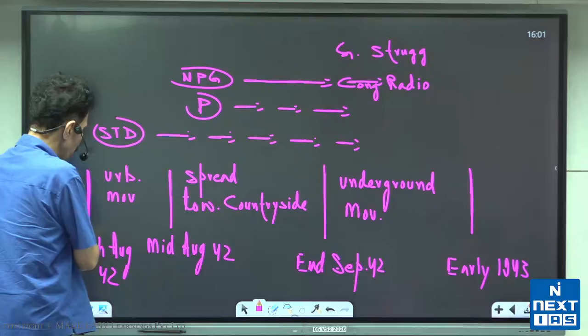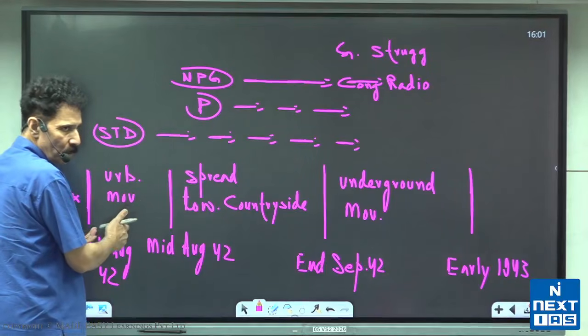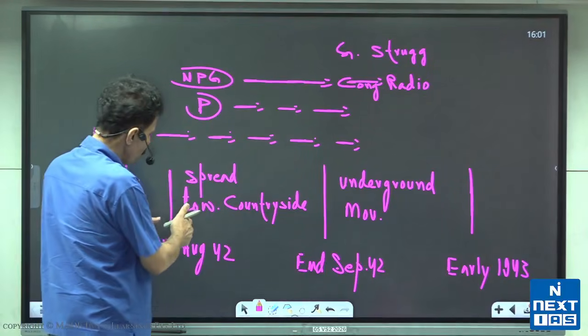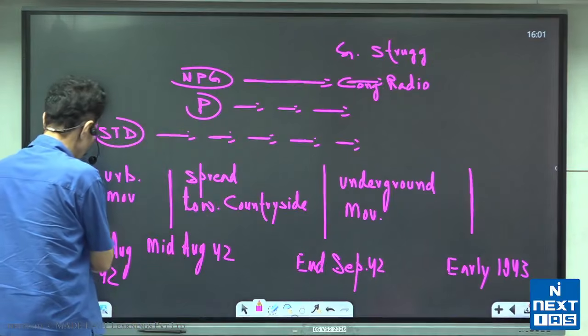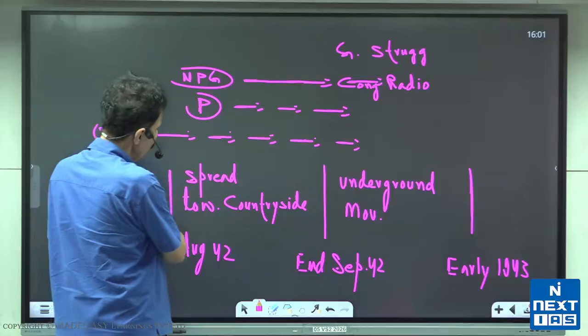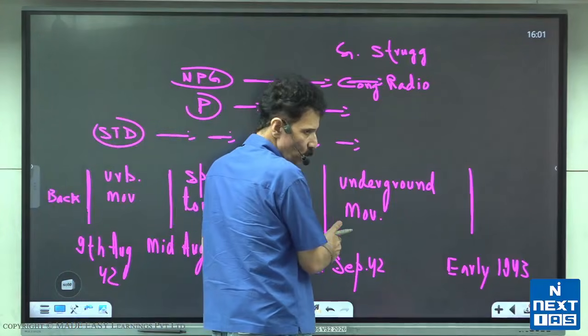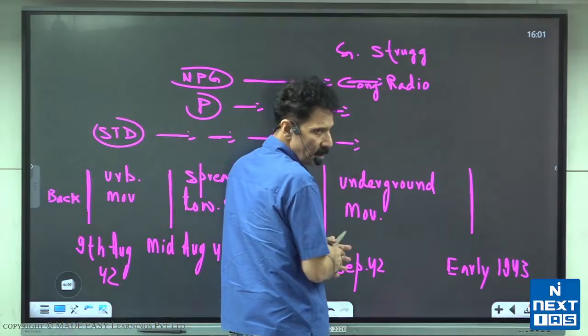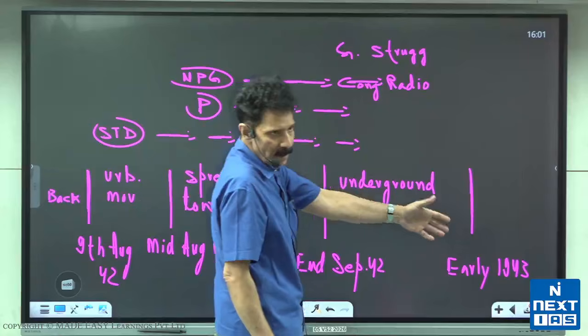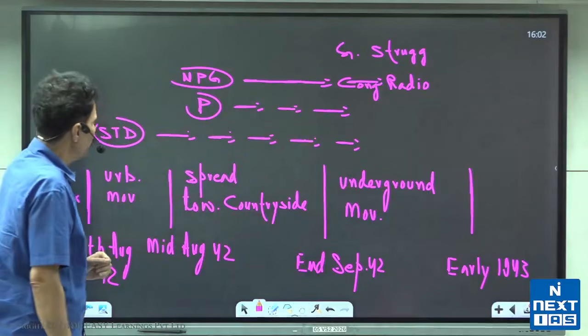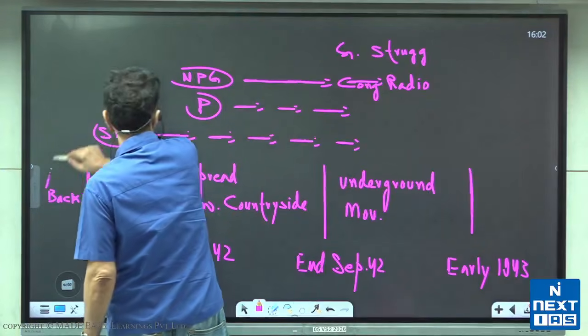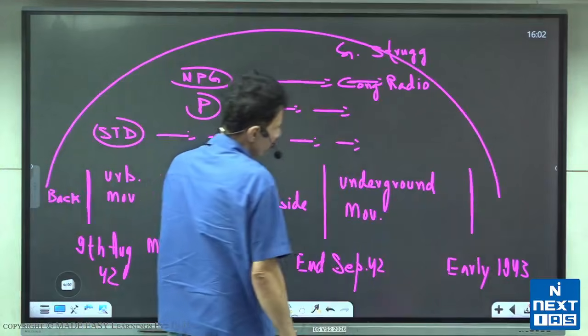Beginning 9th of August, urban movement. Mid-August 42, spread towards countryside. End September 42, becoming an underground movement, and eventually subsided by early 1943. So the entire background till the end.